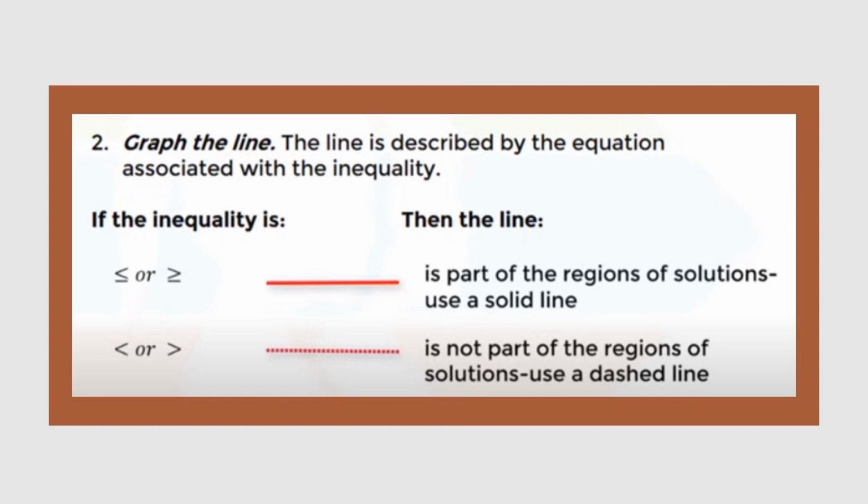On the other hand, in graphing the line of an inequality, you have to think about when to use the two kinds of lines, the solid line and the dashed line. Now, the next step on how to graph a linear inequality will be discussed by my co-reporter.